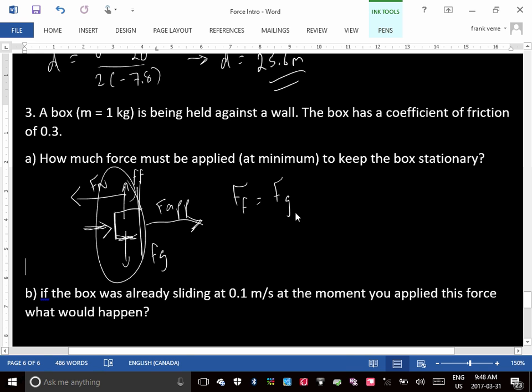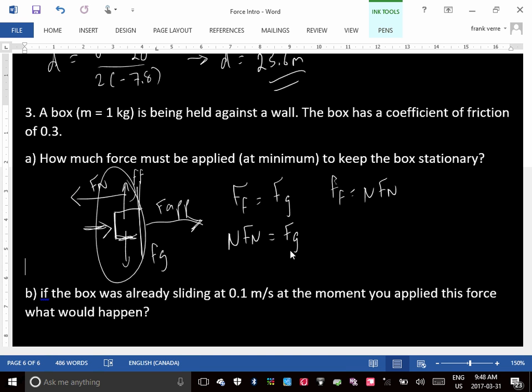Well, Ff is mu Fn, correct? That's the definition of friction. Coefficient times normal force. So now if we substitute, we have mu Fn equals Fg. Now, do we have mu in this question? It says the box has a mass of 1 kilogram, and it says that the coefficient of friction is 0.3.